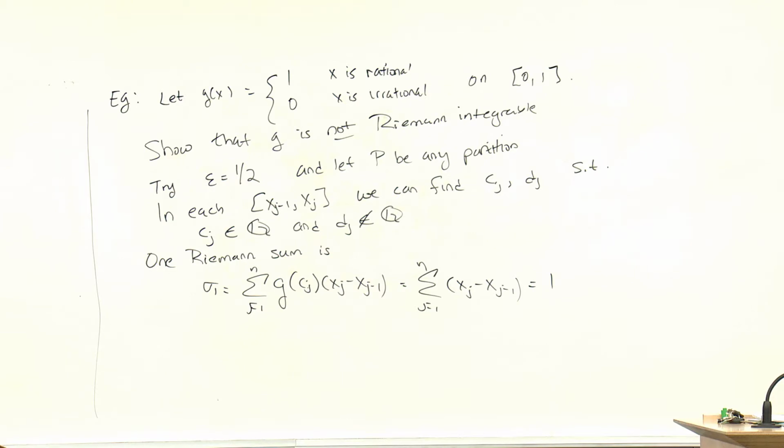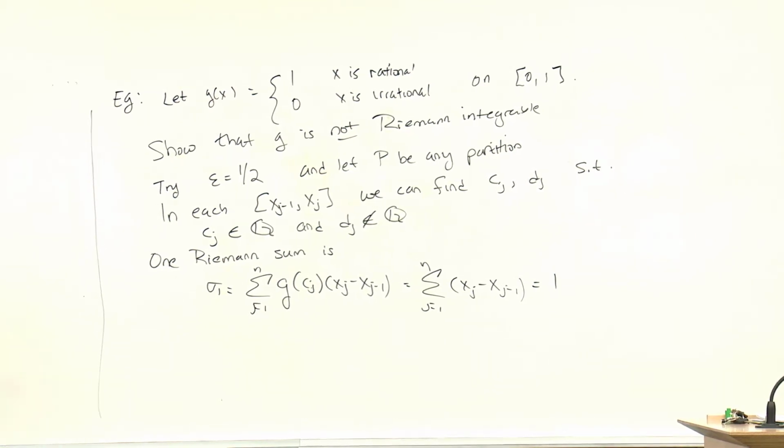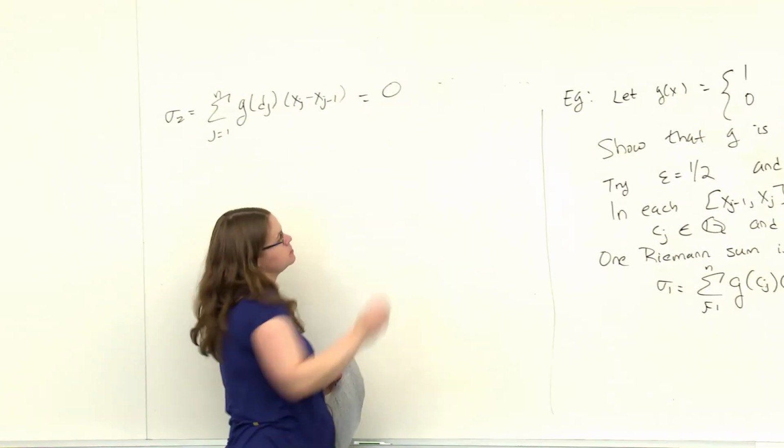And sigma 2 is going to be another Riemann sum. This time I'll use the d's. And what is this Riemann sum equal to? 0, right? All of these values of g are 0, so the sum is 0.